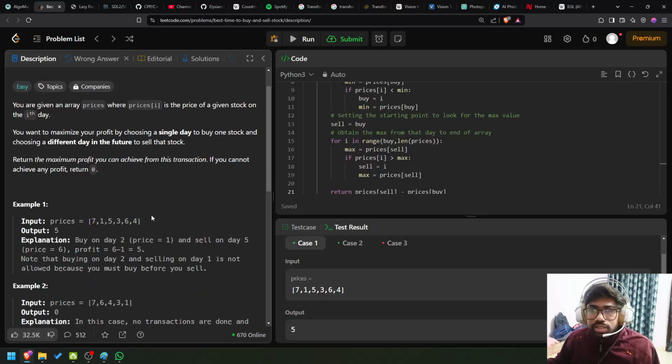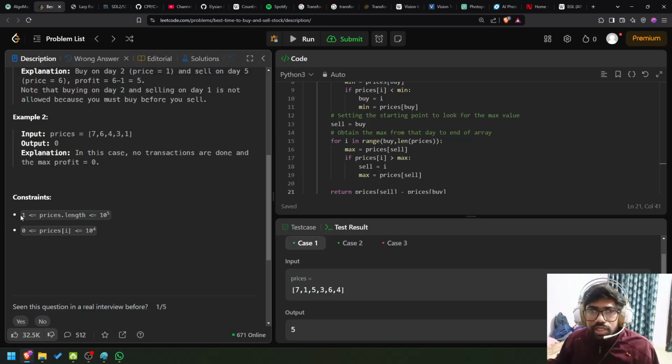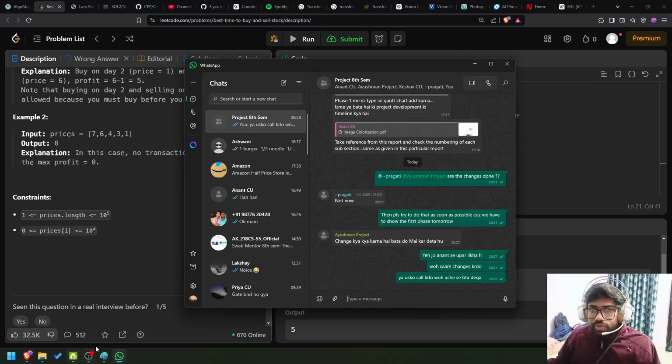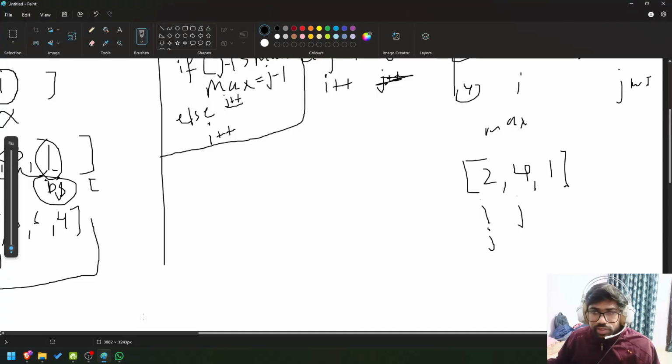What are the bounds? The length is greater than or equal to 1 and less than or equal to 10 to the 5. So it will have at least 1, which will be the solution itself. So I will start both at the same position.